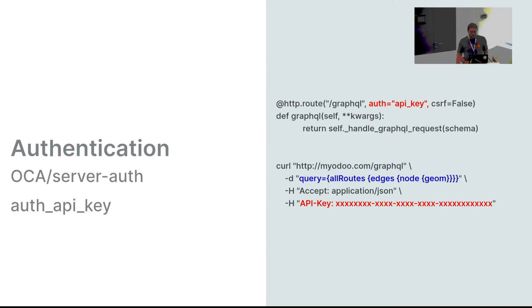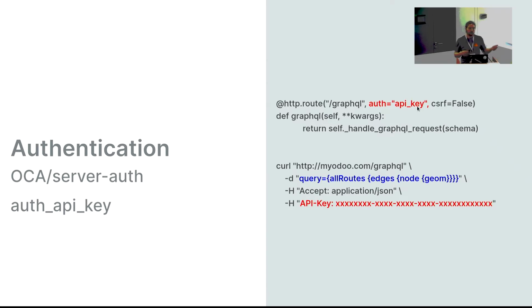Okay, so let's get on how to set up this. First, I want to give an advice on the authentication. There is in the OCA a repository server-auth, in which you have a module named auth_api_key. This will allow you to create in your controller some route with the authentication method API keys.